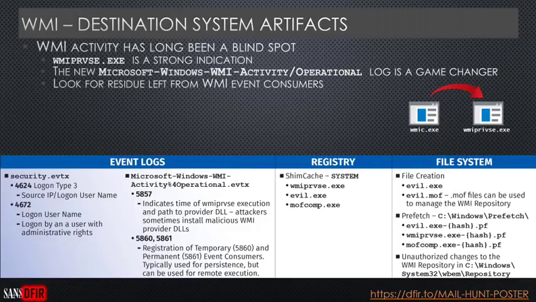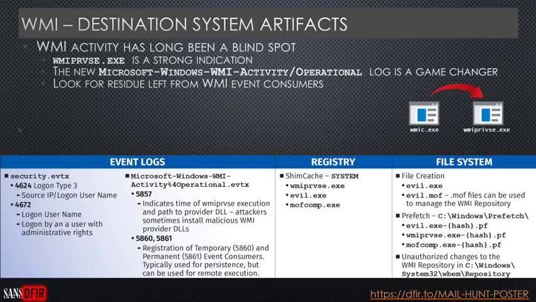What's kind of cool is if we look at those event logs, that WMI activity operational 5857 event, it's almost like a process tracking event log just for wmiprvse.exe. Every time a remote WMI command is launched against this target or destination system, an event shows up in that log showing that it was launched and what DLL was run.